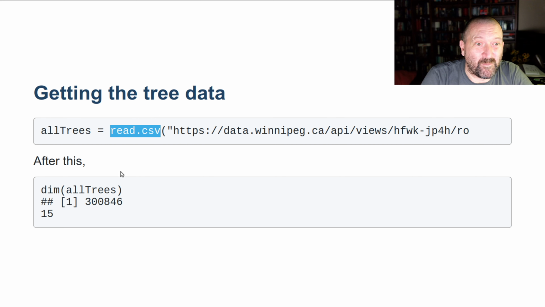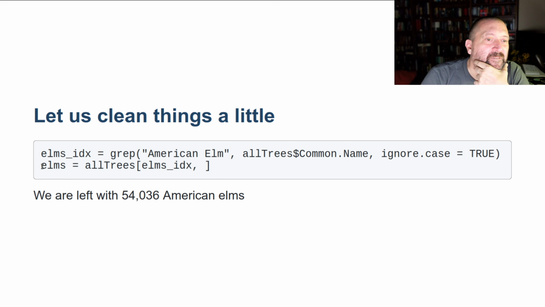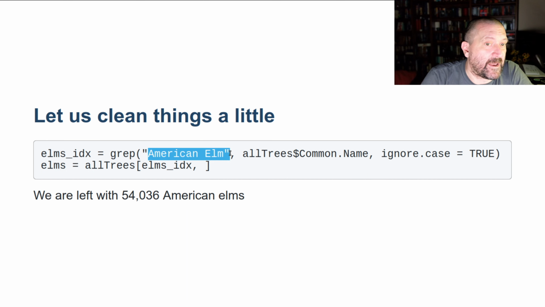So it's very simple. And when you do so, for instance, when I did that slide, it's changed now. Of course, it changes over time. There were 300,000 trees in the database. Then we're only interested in elms, and actually in American elms, and so we select American elms. Okay, we find the indices.